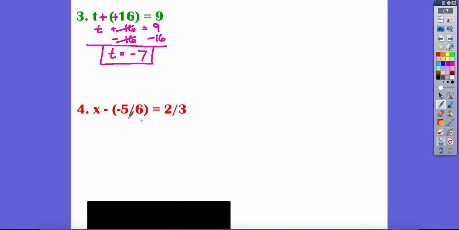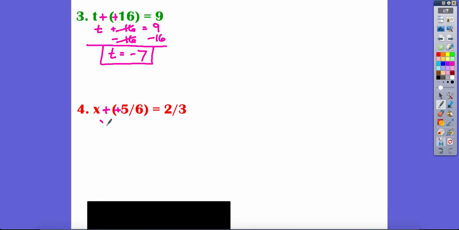Now, down here, we're going to throw in some fractions. And we also have this same minus minus rule that we had up above. So again, remember this minus minus is saying I want to subtract the opposite of 5/6. Well, the opposite of 5/6 is positive.